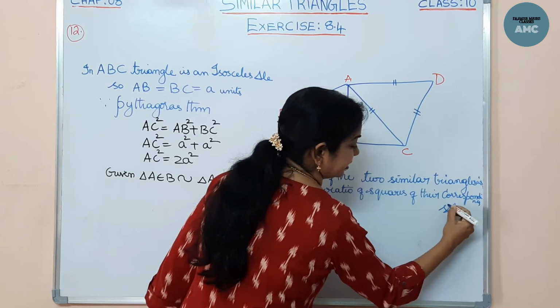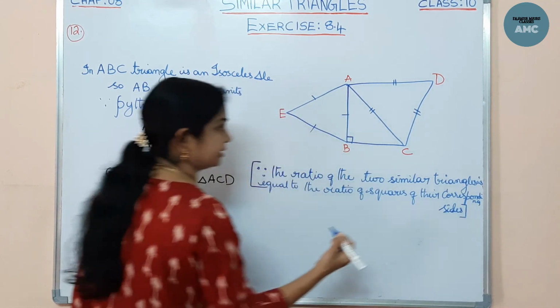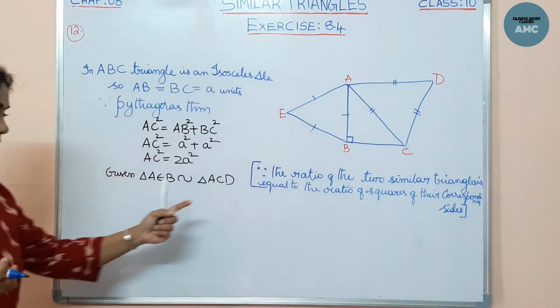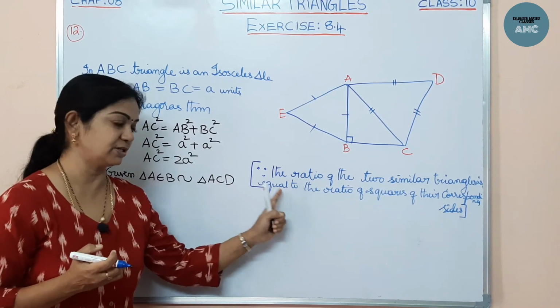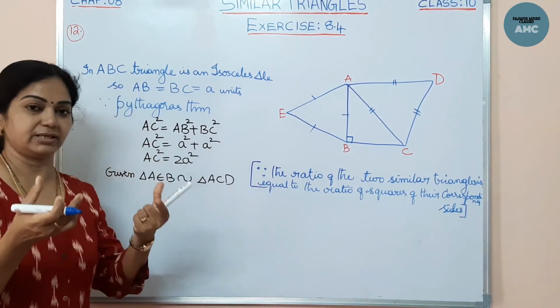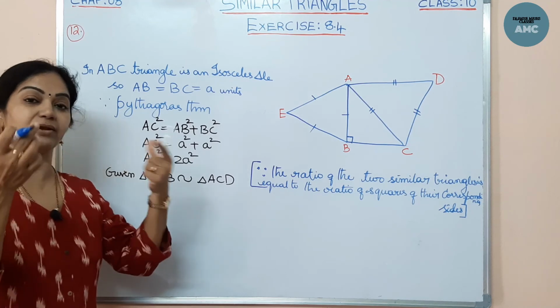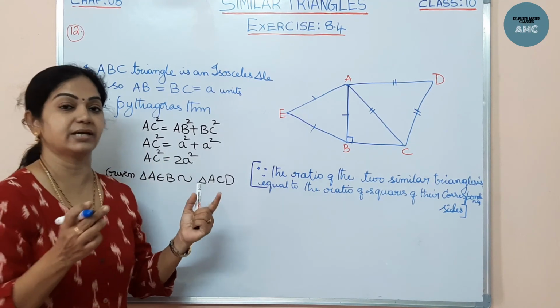This is the theorem which I think in the third part we have used, and we have done so many problems based on this same theorem. If two triangles are similar, the ratio of their areas equals the square of the ratios of their corresponding sides.